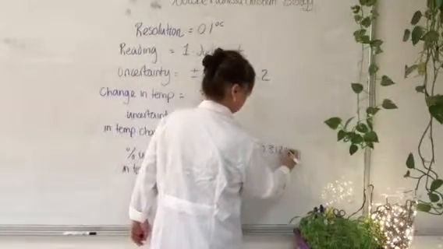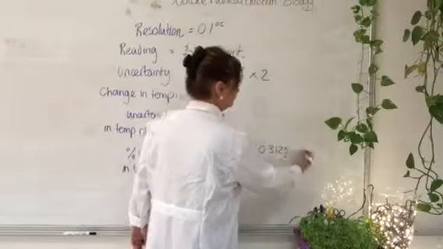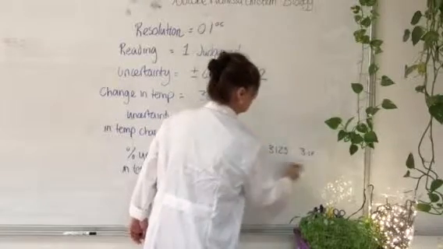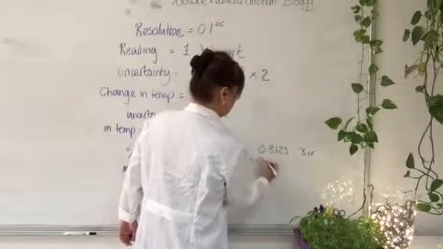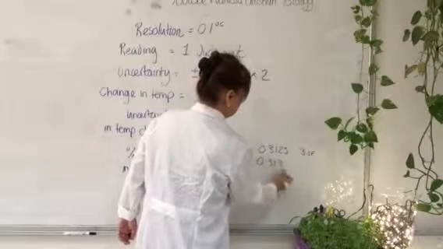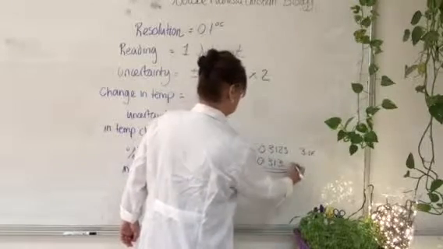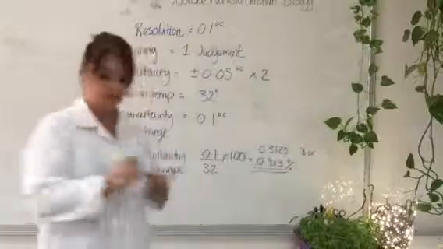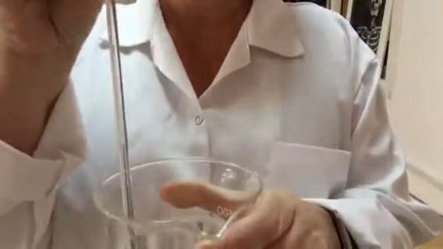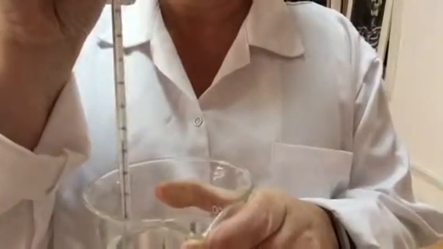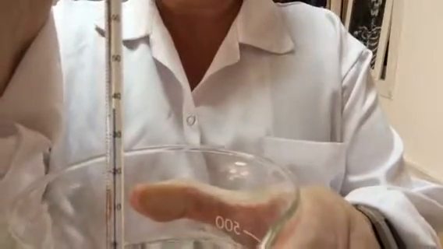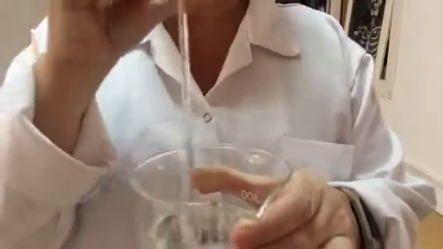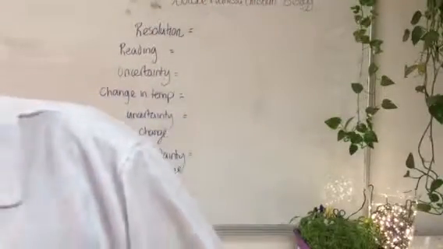However, my temperature change was 32 degrees C, so relative to the temperature change, my percentage uncertainty is going to be 0.1 degrees divided by 32 degrees times by 100. Repeating the same experiment with an alcohol thermometer that measures to 1 degree C would follow the same pattern.